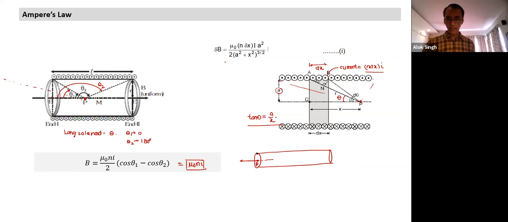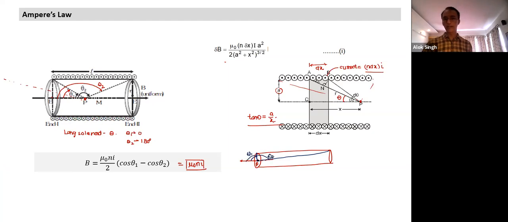Theta 1 is the angle connecting the point to one end, and theta 2 connecting to the other end of the solenoid. If you look at the figure, this angle is theta 1 and this angle is theta 2.